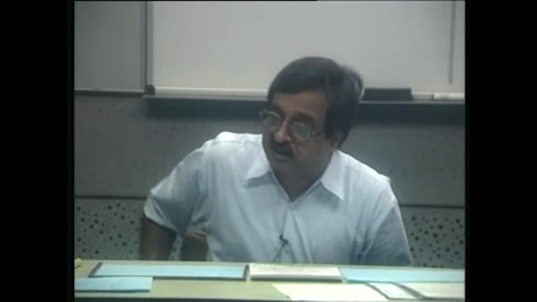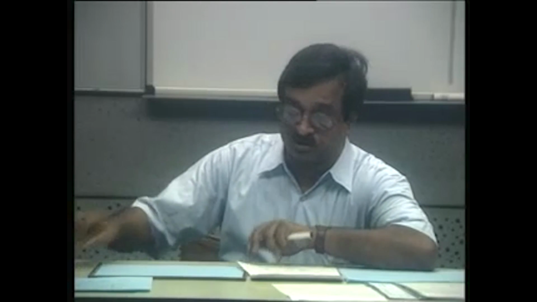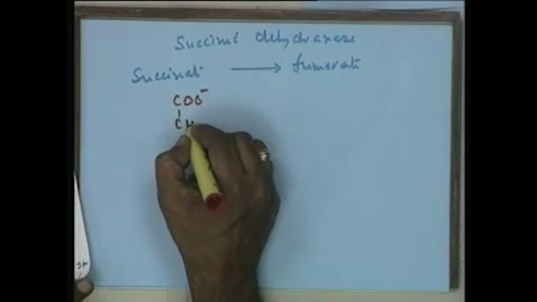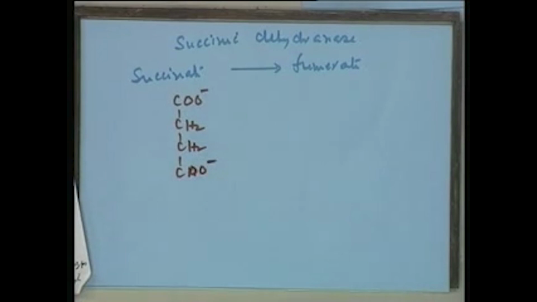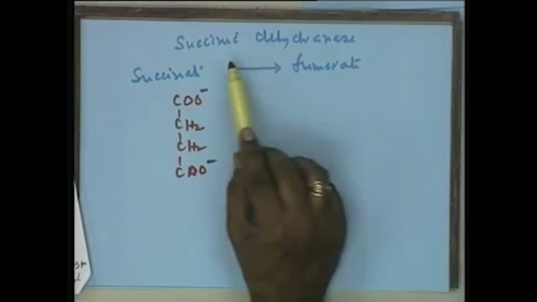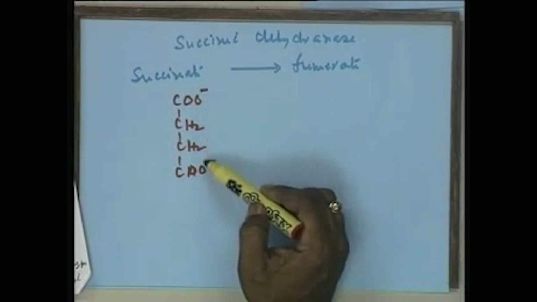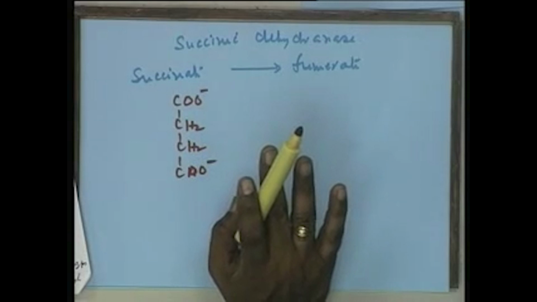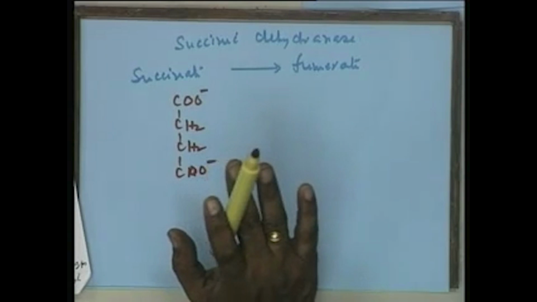So let me explain this. If you look at the structure of succinic acid, it is essentially COO, CH2, CH2, COO. This is succinate. As per the normal reaction of succinic dehydrogenase, the two carboxylic groups of the substrate molecule are required to be bound to the enzyme active site, and at low concentration of substrate this can very well happen.